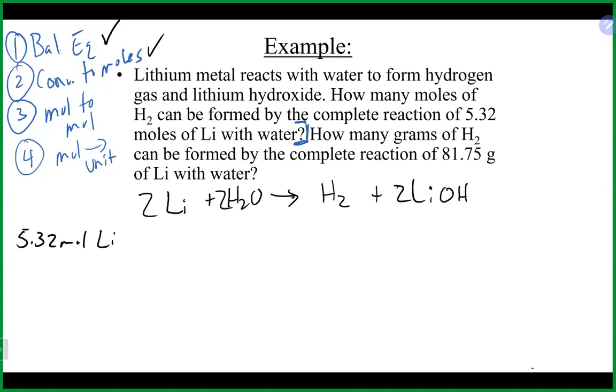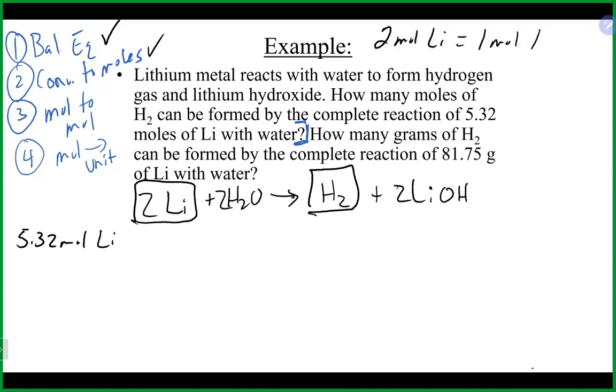So that means the next thing we can do is go to the actual stoichiometry part. They gave us information about lithium, which is really not what we're trying to find in this problem. We're actually interested in hydrogen. So again, the stoichiometry from the equation is going to allow us to use it as a conversion factor. From the equation, 2 moles of lithium gives us 1 mole of H2.